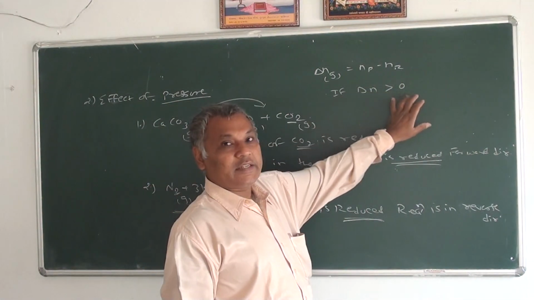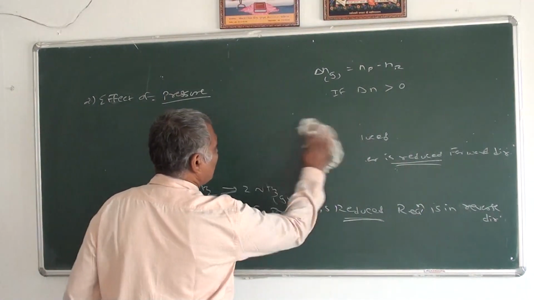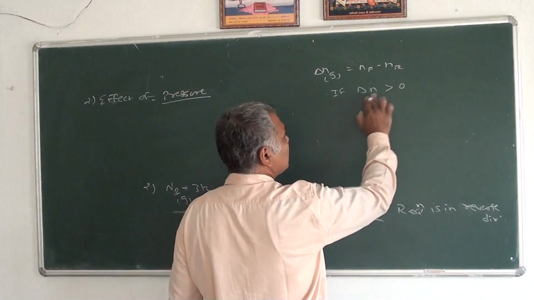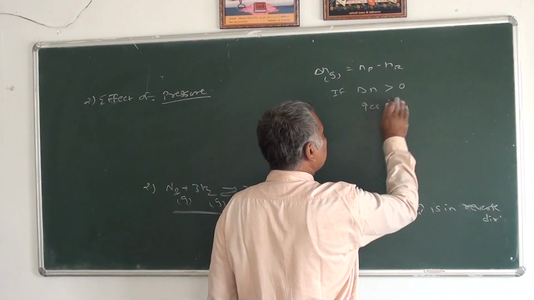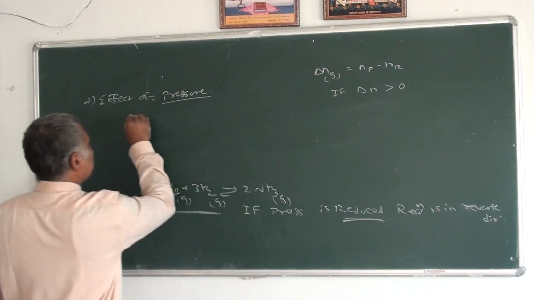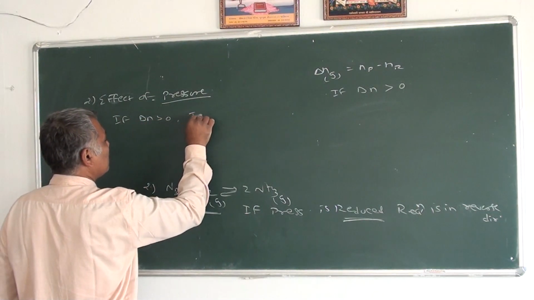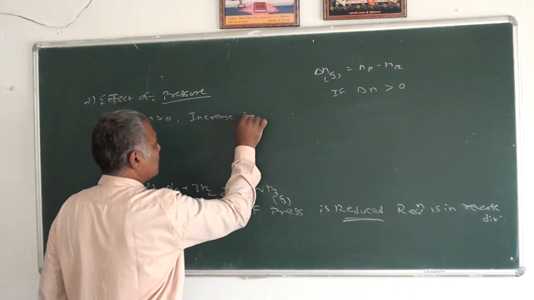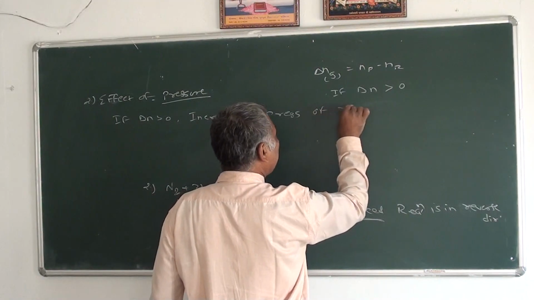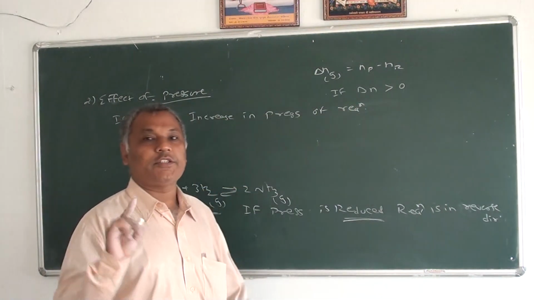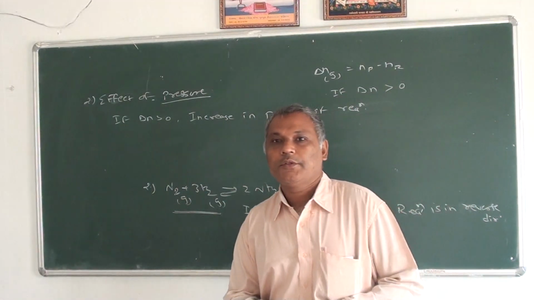So if Δn is greater than 0, I can put the condition in generalized form: if Δn is greater than 0, increasing pressure of the reaction, not particularly a reagent or product, it's the generalized whole reaction.